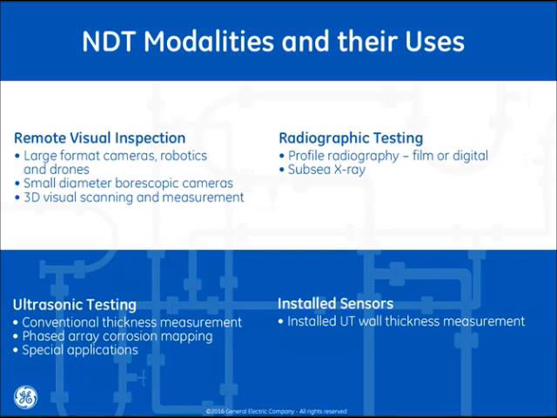And we'll conclude reviewing ultrasonic corrosion NDT solutions ranging from handheld digital thickness gauges to corrosion mapping solutions and installed sensors for real-time thickness monitoring. I'm going to turn the presentation over to my colleague, Paul Thompson, who will review remote visual solutions for corrosion inspection.